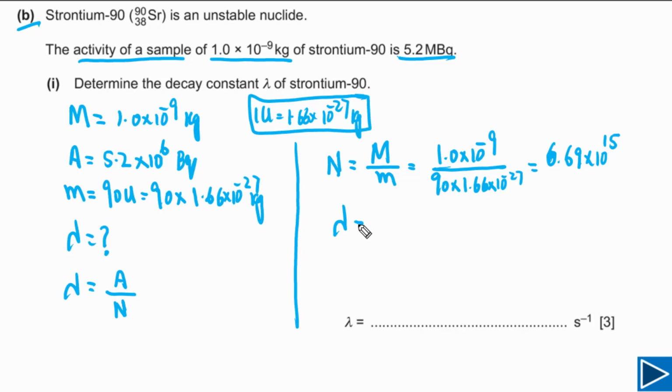So simply, the activity of this sample is given, that is 5.2 times 10 to the 6. Now if we divide this by the number of nuclei, we can find lambda, the decay constant.